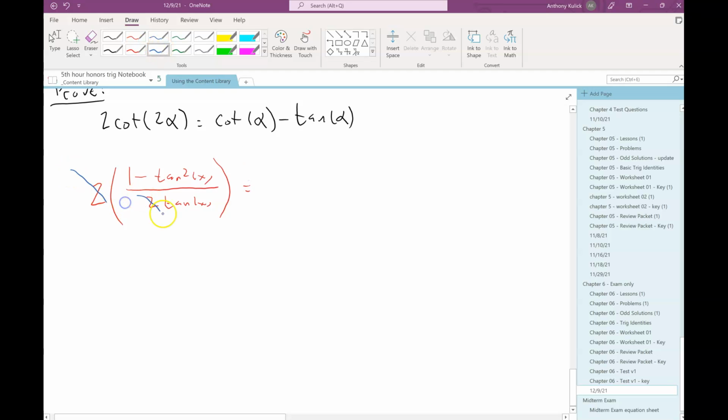And all right, times 2 divides by 2. Get that stuff out of here. I like that because if I look at the right-hand side, there's definitely no coefficients over there, so I'm glad to get rid of that.